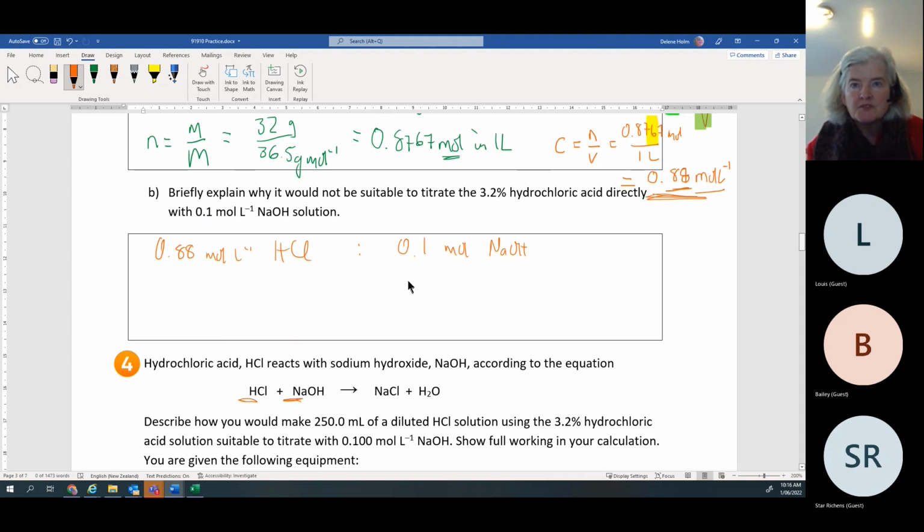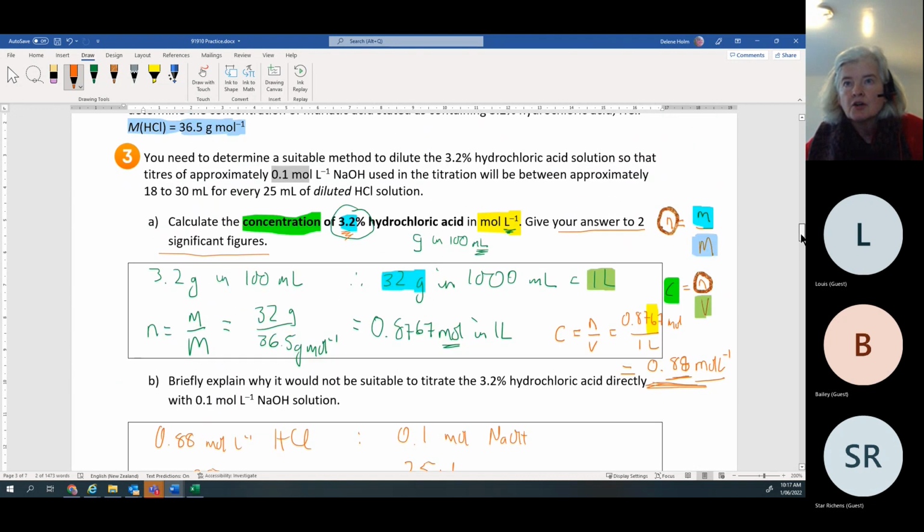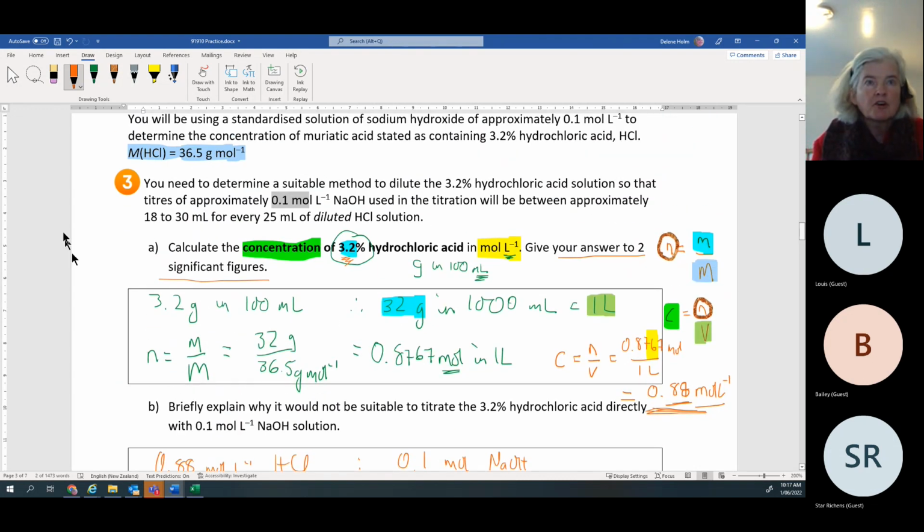If I used 25 milliliters there, I need to use approximately 25 milliliters here. As you can see in the intro, we said it's got to be approximately 18 to 30.